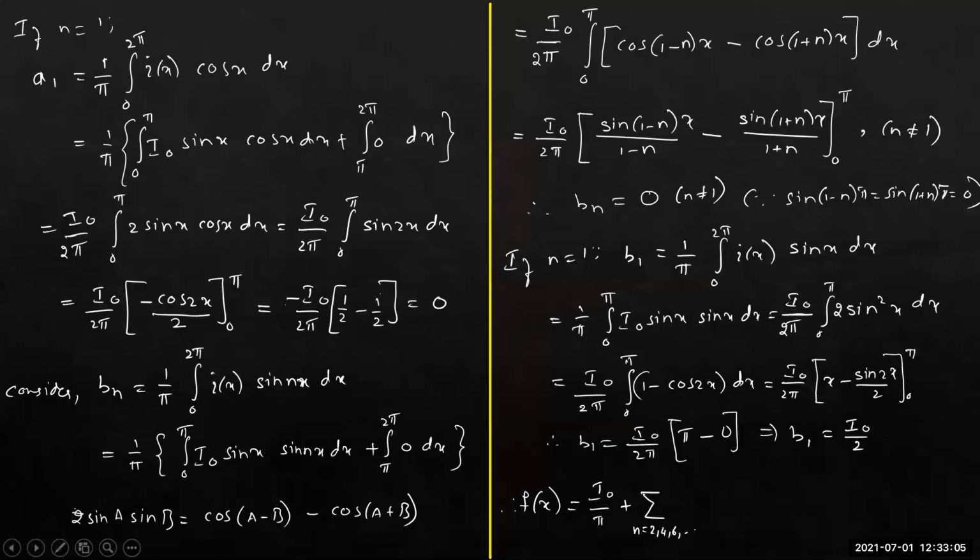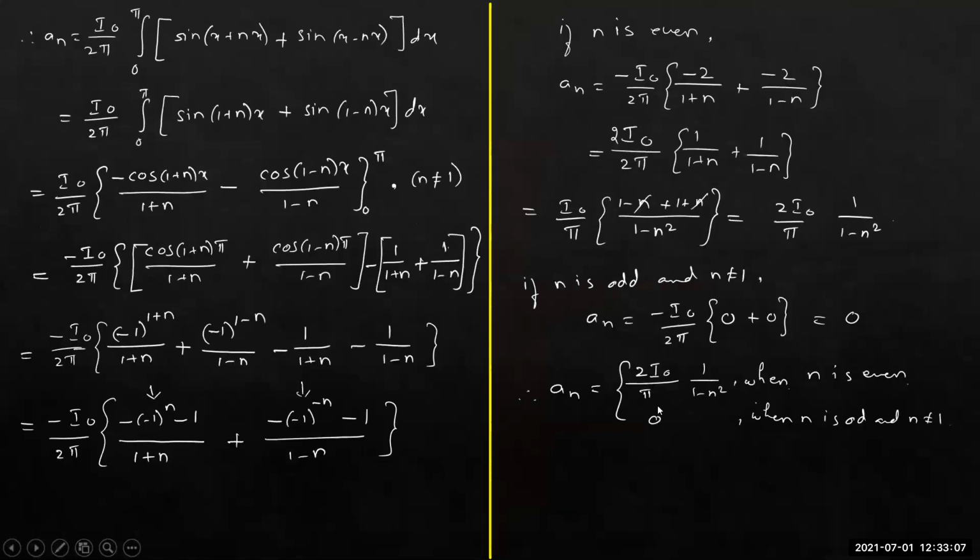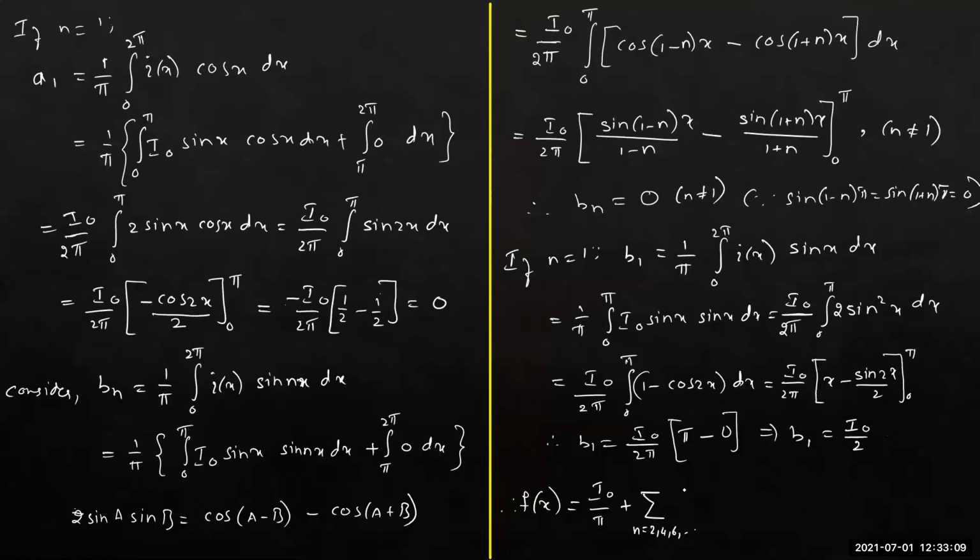An, how much is an, you see? This one, 2 I naught by pi into 1 by 1 minus n square into cos nx. The summation is only for this much, plus we should actually write summation bn sin nx, but bn is 0 for all n not equal to 1.